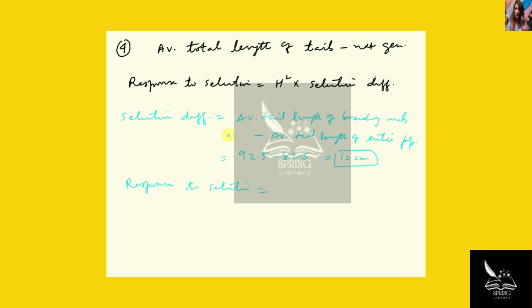Selection differential is equal to the average tail length of breeding males minus the average tail length of the entire population, which is 92.5 minus 82.5, which is 10 centimeters. So response to selection will be equal to heritability, which is 0.45, times 10, which is equal to 4.5 centimeters.